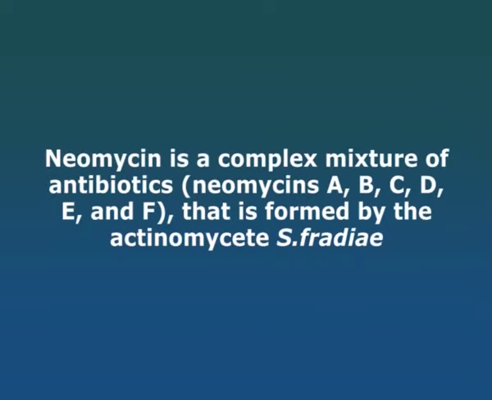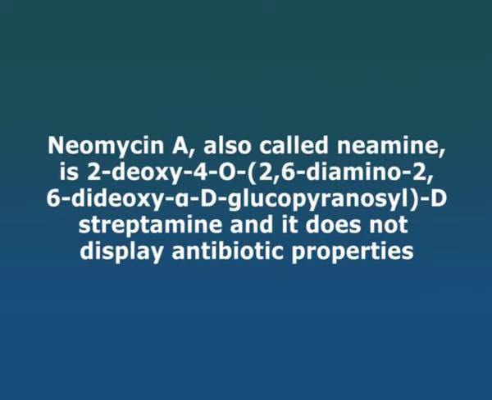Neomycin. Neomycin is a complex mixture of antibiotics, that is neomycins A, B, C, D, E, and F, formed by the actinomycete Streptomyces fradiae. Neomycin A, also called neamine, is 2-deoxy-4-O-(2,6-diamino-2,6-dideoxy-alpha-D-glucopyranosyl)-D-streptamine, and it does not display antibiotic properties.